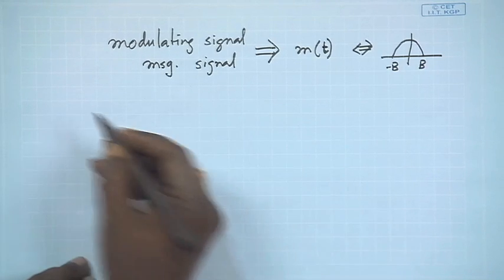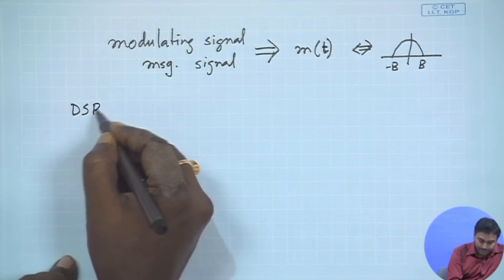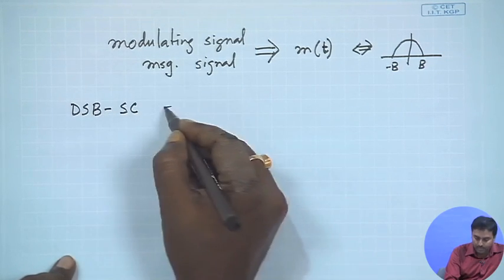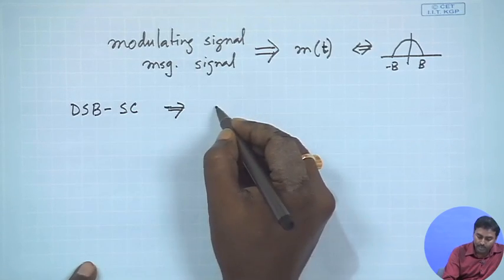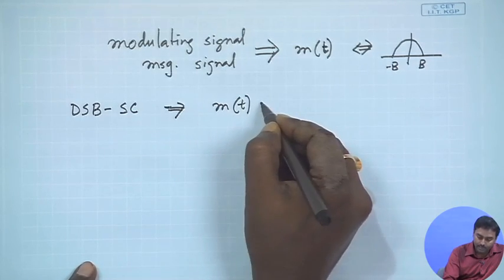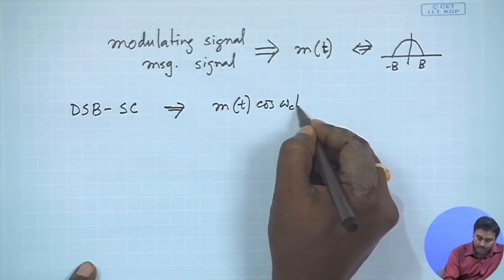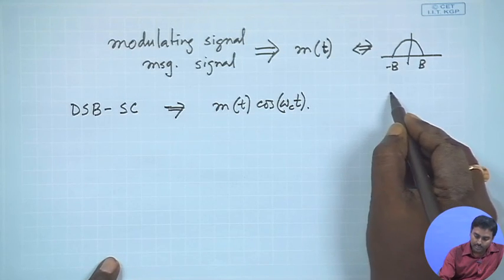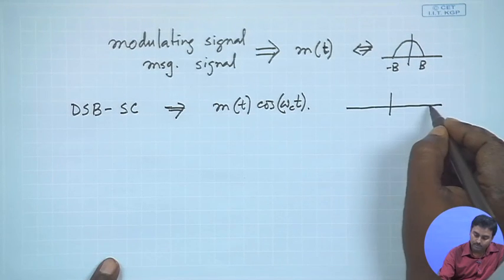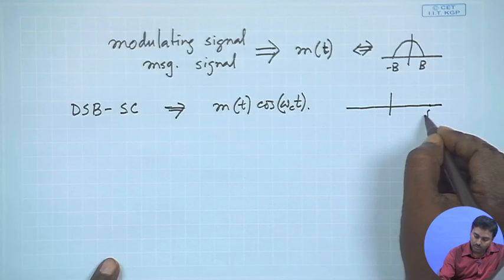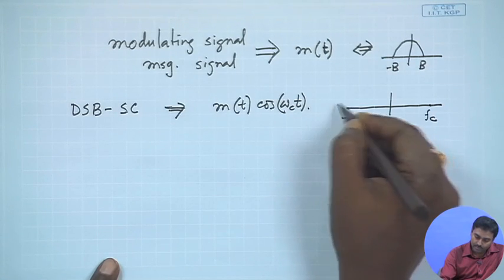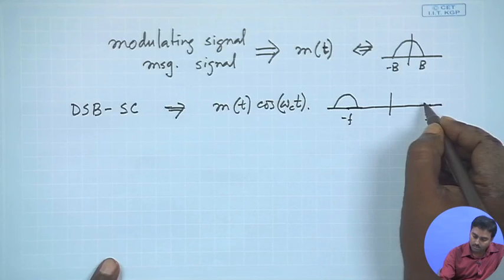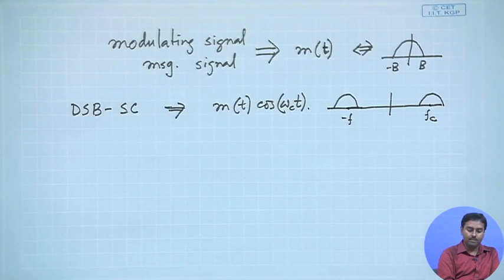So, modulating signal m(t), and if I wish to represent DSB-SC, we have already seen that in time domain the representation should be m(t) cos omega_c t, right. It is just a multiplication with a cosinusoidal term. Correspondingly, the modulated frequency domain response will go around plus fc and minus fc, and the shape will remain the same.